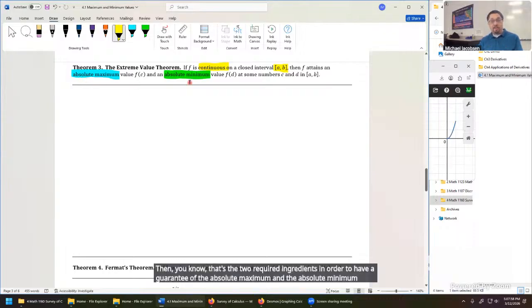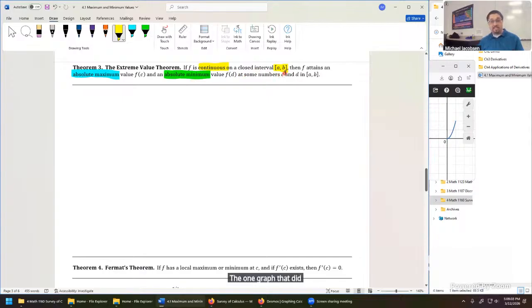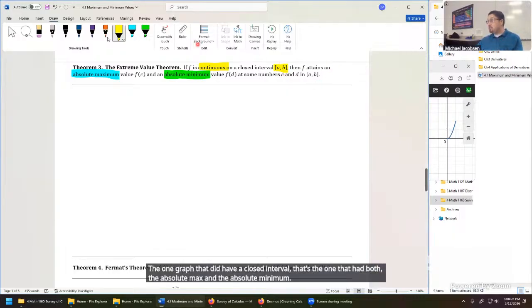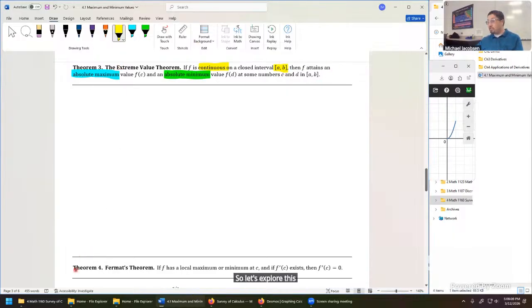If you look at example 1, the one graph that did have a closed interval, that's the one that had both the absolute max and the absolute minimum. So let's explore this theorem a little bit, then we'll look into Fermat's theorem next.